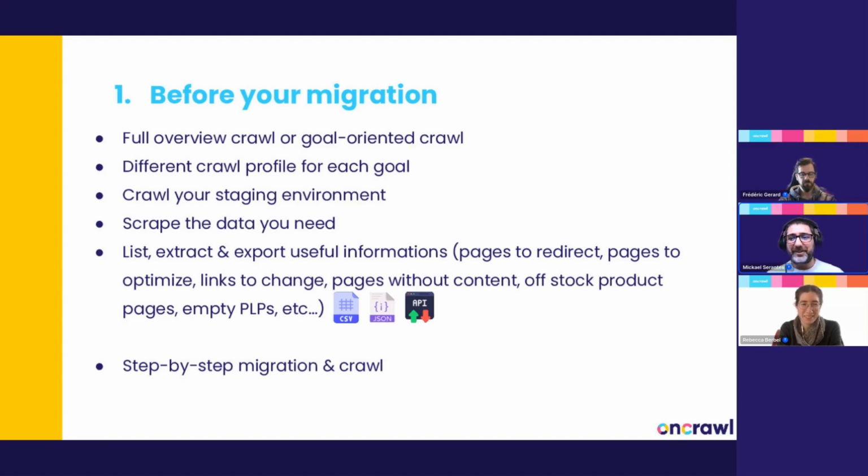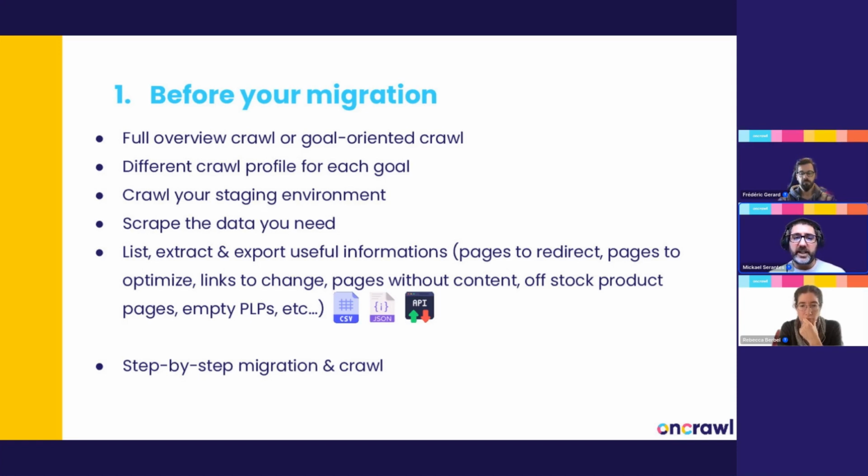With Oncrawl, you can create up to 100 scraping rules, and that's very useful. Then you will be able to list, extract, and export all this kind of information and group pages regarding the data you just scraped. For example, the number of pages without product in stock, products without content, the pages you want to redirect, where the links are, and so on.